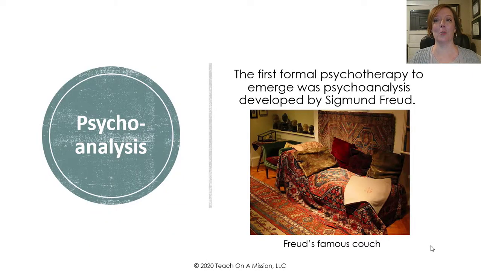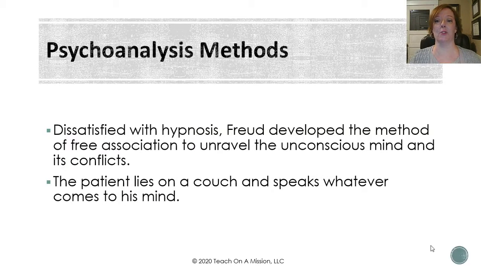Psychoanalysis. This is the first formal psychotherapy to emerge, having been developed by Sigmund Freud. This is a picture of Freud's famous couch. Freud was dissatisfied with hypnosis, and he developed the method of free association to basically unravel the unconscious mind and its conflicts. In this technique, the patient lies on a couch and speaks whatever comes to his or her mind.